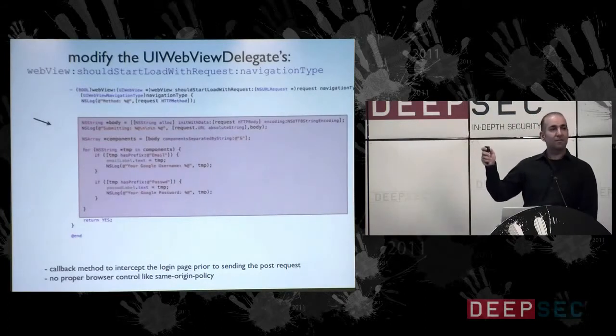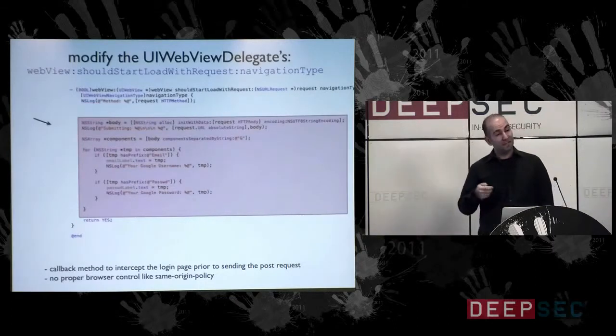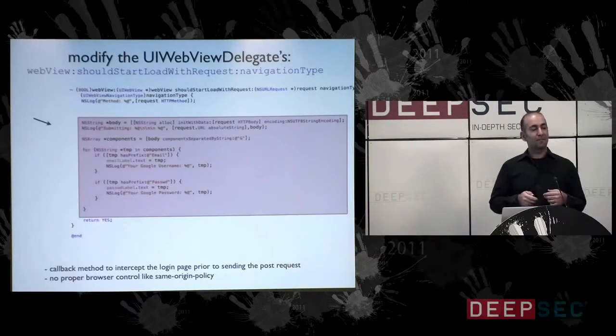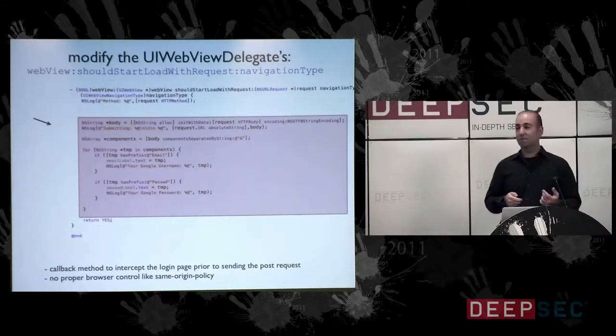But here the goal is to intercept the request before it's posted to Google's authentication endpoint. So here we are within the context of a WebView. We're not really constrained by some of the limitations that a browser, for example, would apply, so we don't have to worry about things like the same origin policy.